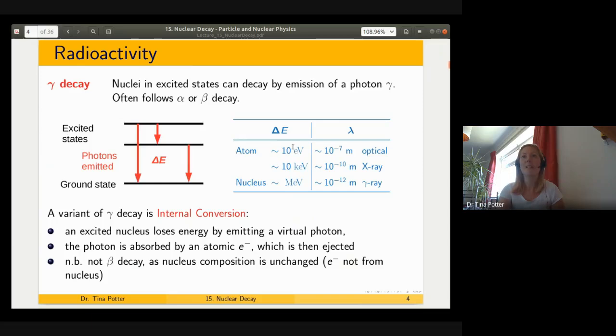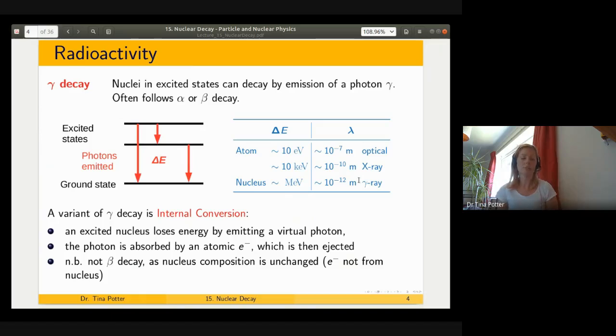They're about 1,000,000 times stronger. So for an atom, you're talking about tens of electron volts for the energy of those photons, for the difference in the energy levels. But for nuclei, we're talking about MeV worth of energy. So about 1,000,000 times stronger. So instead of optical photons or X-ray photons being emitted, we're talking about gamma ray photons.